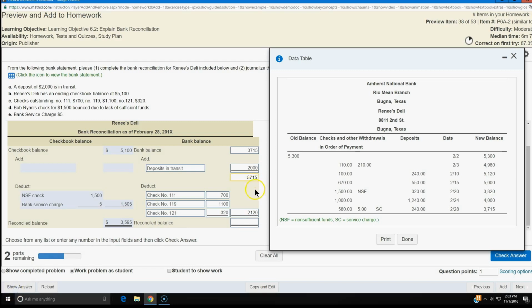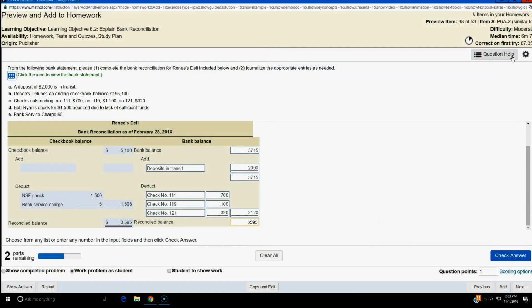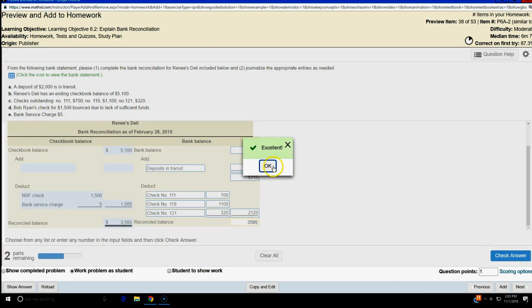When you subtract that 2,120 from the 5,715, in fact, 3,595 is the reconciled balance. I can get rid of this now because the reconciliation, at least, is complete. Let's make sure we got it right. And we did.